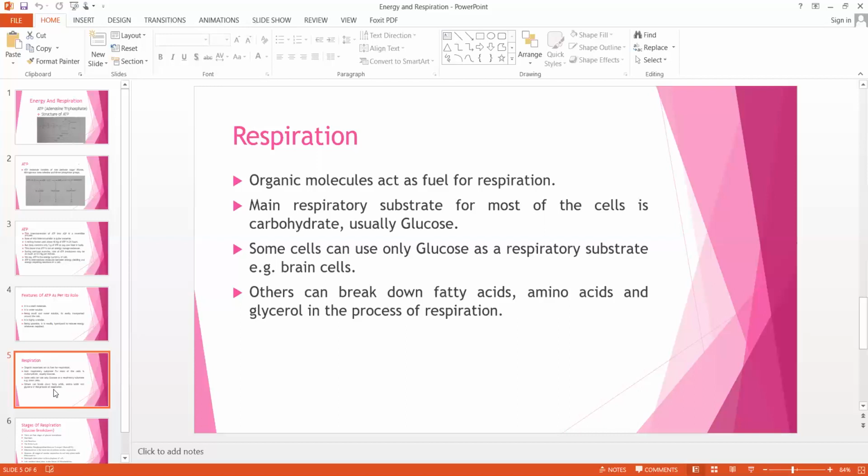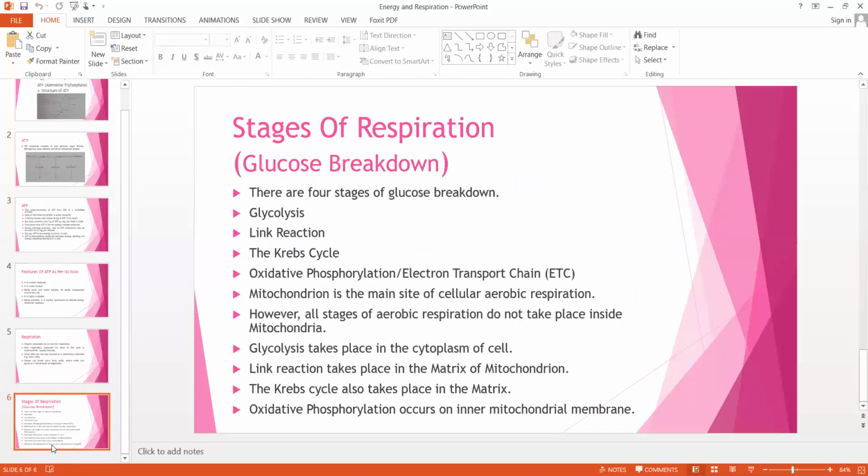That's not in the syllabus in detail, but I will tell you side by side at which stage fatty acids, glycerol, or amino acids can enter. But the process of respiration we are going to study is basically about when glucose is used as the main respiratory substrate.